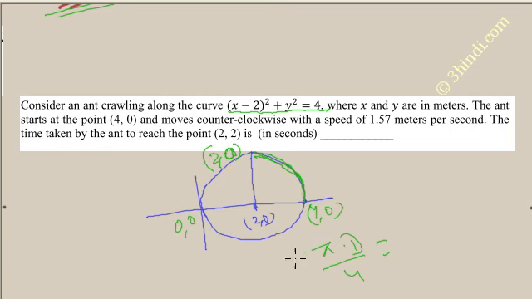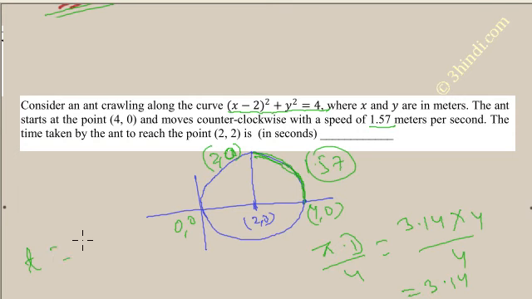If you put diameter 4, then 3.14 into 4 divided by 4, that means 3.14 is the length of the green path. The speed is 1.57. So time is s by v, that is 3.14 divided by 1.57. This is equal to 2. So you fill here 2.